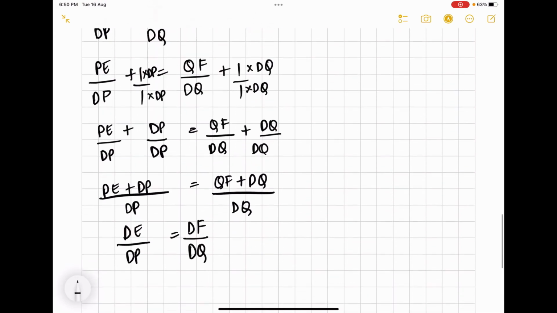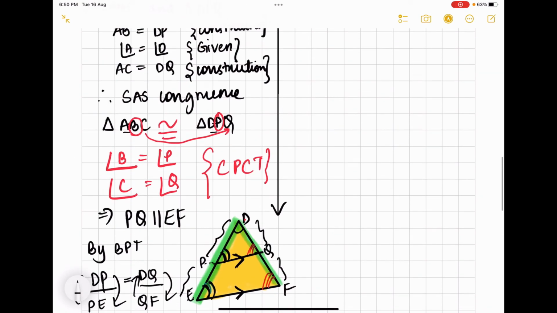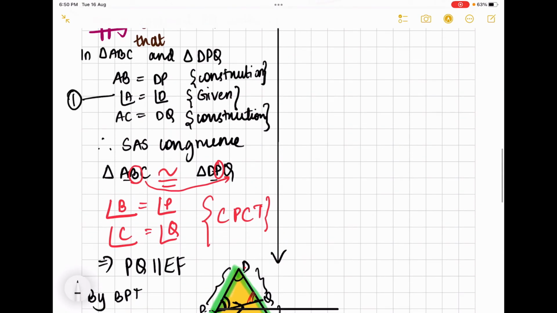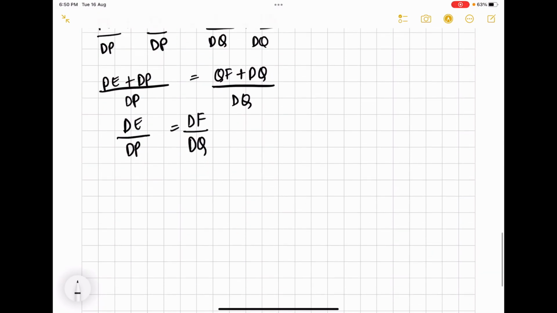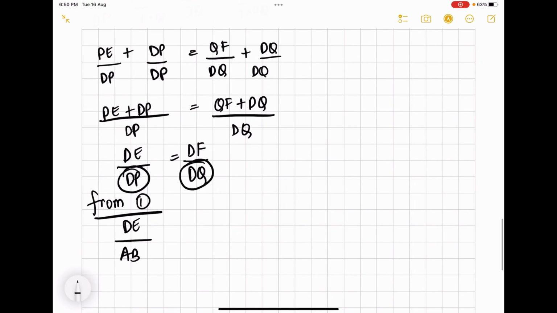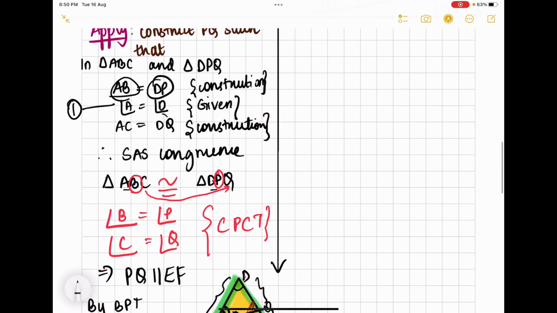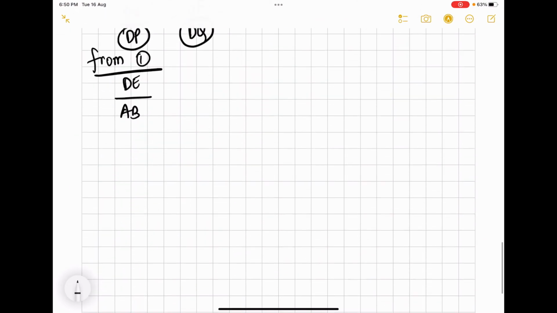DQ. Okay. But from up here, 1, I know that AB is equal to DP. So in the place of DP, I'm going to put AB from 1. And DQ from above here, I know it is equal to AC. So I will put that down here. And let me invert on both sides.